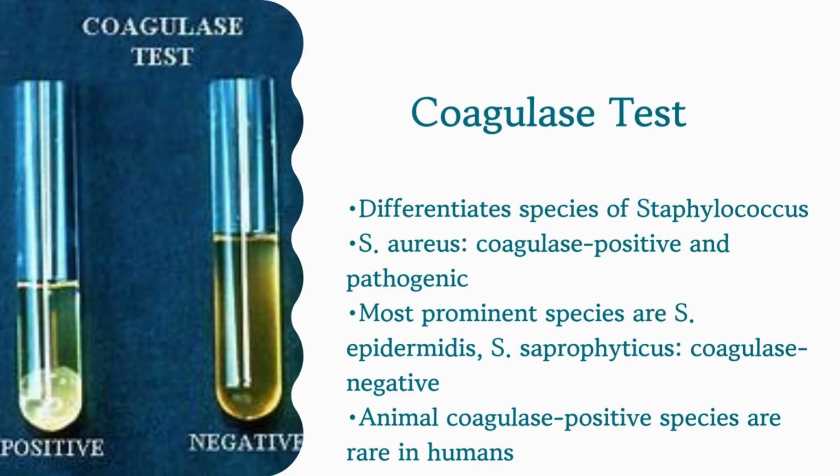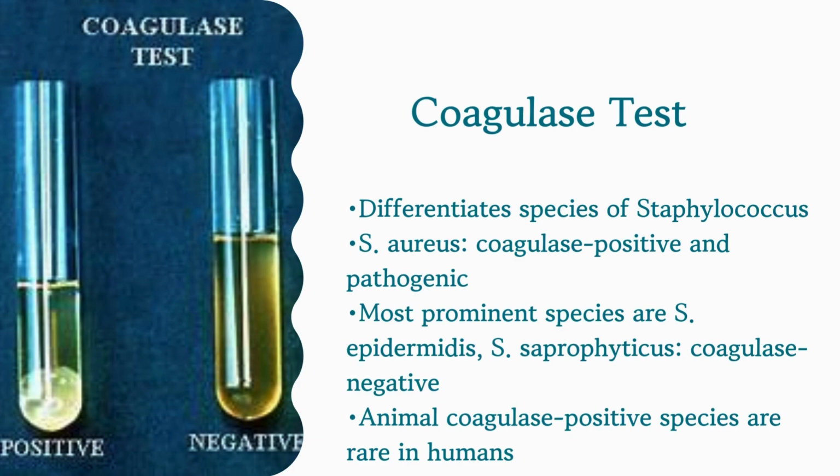And Staphylococcus aureus, that is coagulase positive, is pathogenic. Most of the other coagulase-positive species are rare in humans. So what is coagulase? Coagulase is the enzyme that converts fibrinogen into fibrin. In this test, if it's positive, the tube shows clot formation, and the negative is clear.